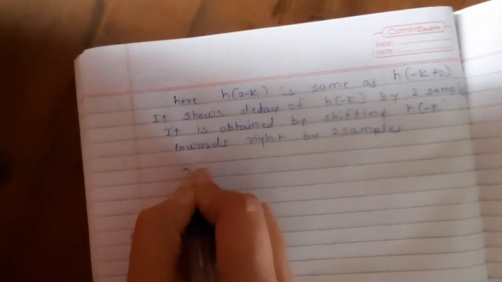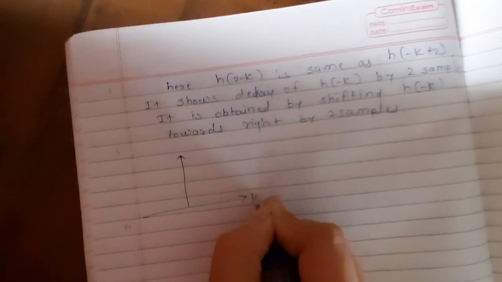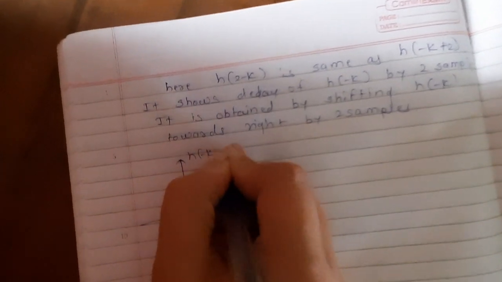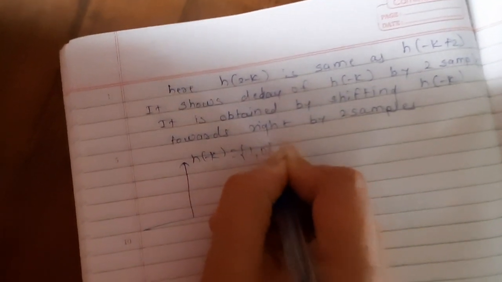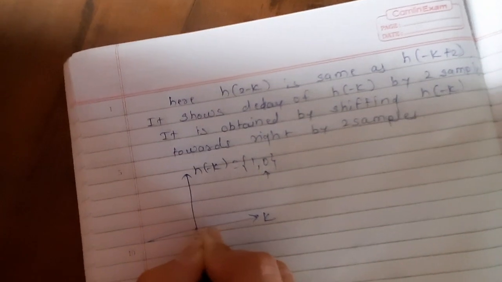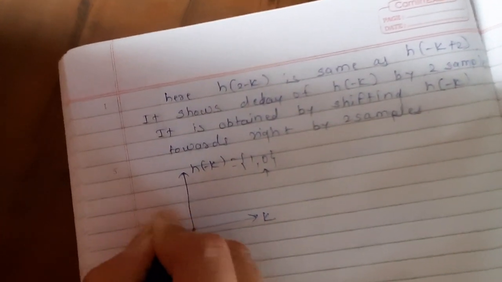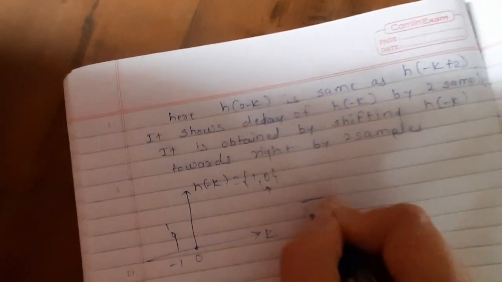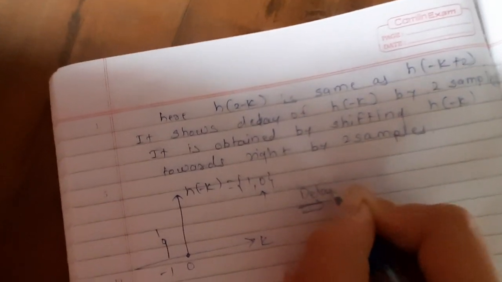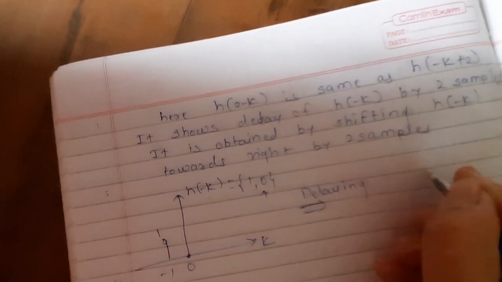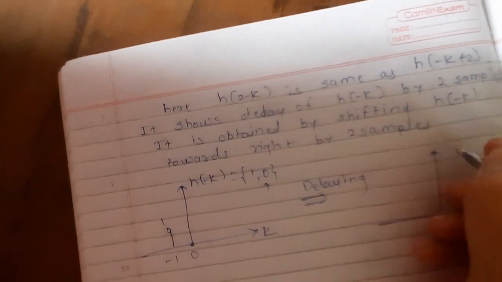We will draw for h of minus k. So what is h of minus k? It is 1 at 0, and the other is 0. Now we delay it. How much? It is delaying by 2 samples.